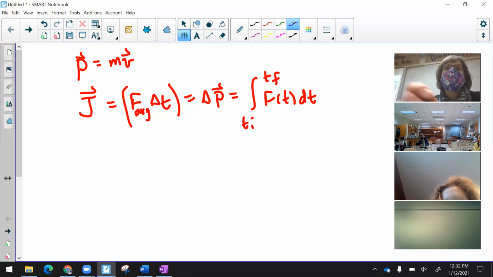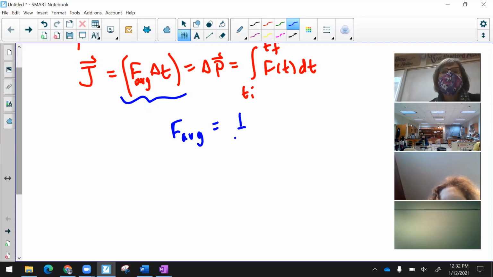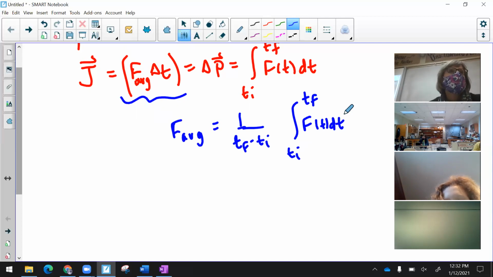Okay, so let's go back to Fiona's answer, which is this F times delta t. So, like we had in AP Calc yesterday, we know that the average value of that force is 1 over t final minus t initial times the integral from t initial to t final of F of t dt. Okay?